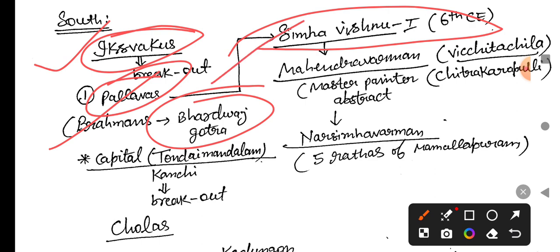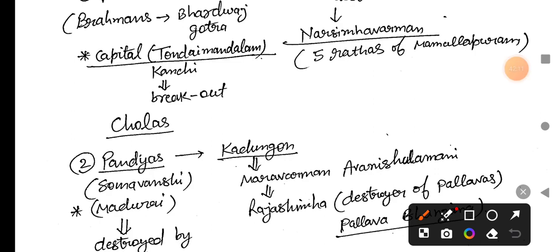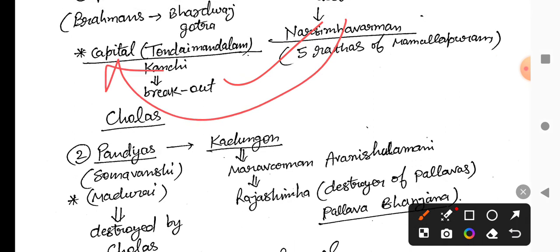After Simhavishnu I, Mahendravarman came, also known as Vichitrachitta or Vichitrakarapuli, a master painter, because he wrote various types of books. After Mahendravarman, Narasimhavarman came, and the 5 rathas of Mamallapuram were built by Narasimhavarman. Their capital was Kanchipuram, earlier Tondaimandalam.